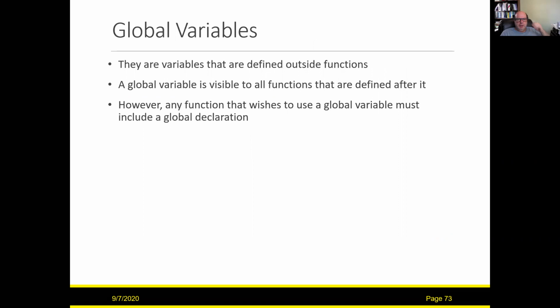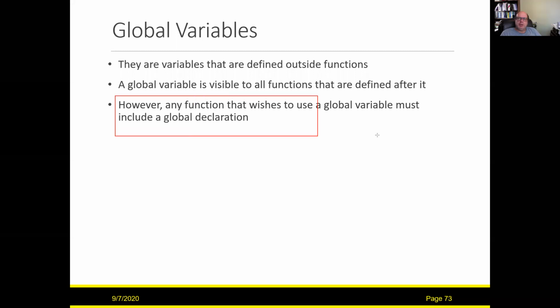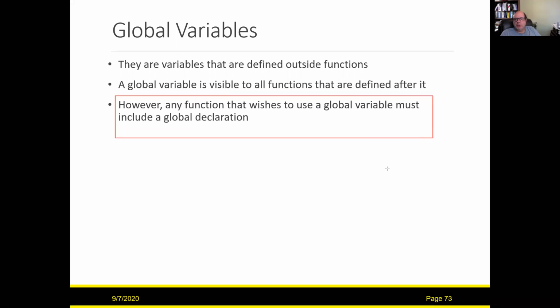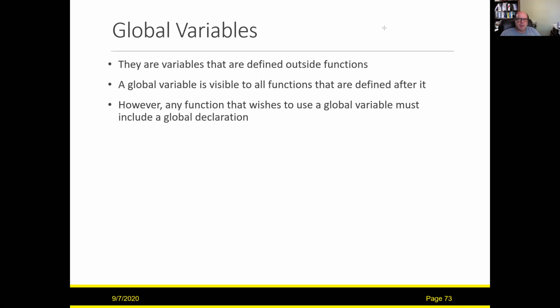We're going to talk about the global variable. I think somebody was asking about it somewhere. The key here is any function that wishes to use a global variable must include a global declaration. And this is another thing that we say to stay away from as much as possible.